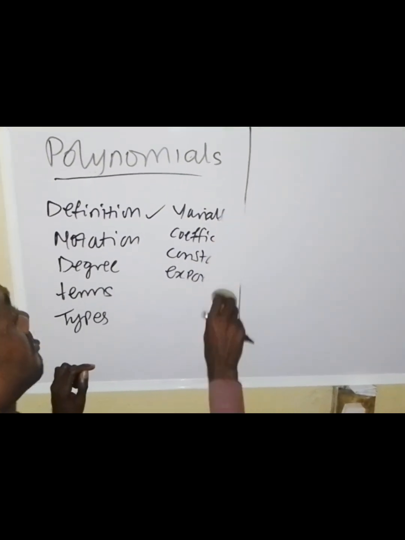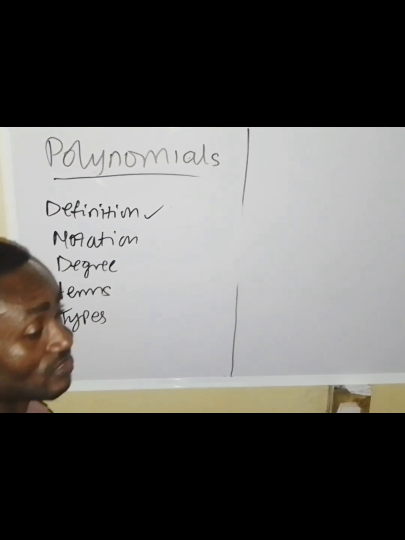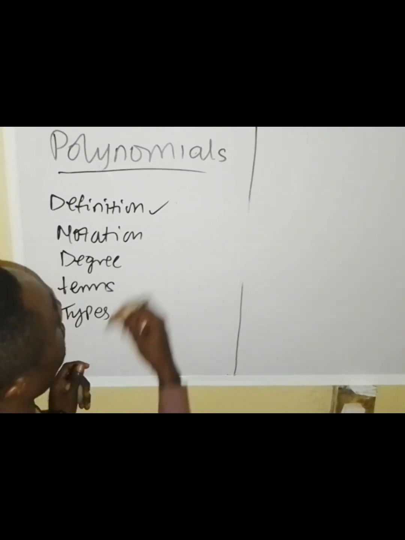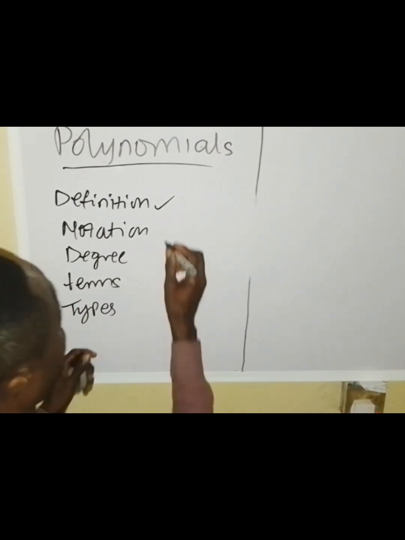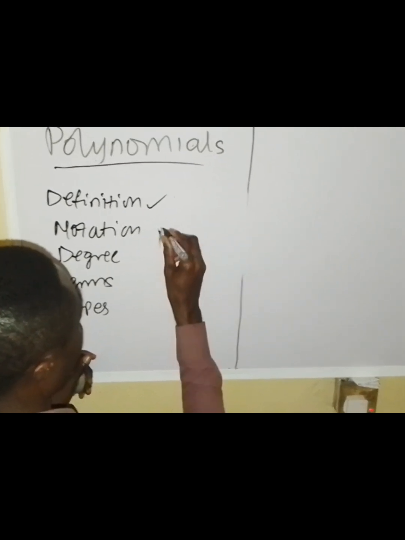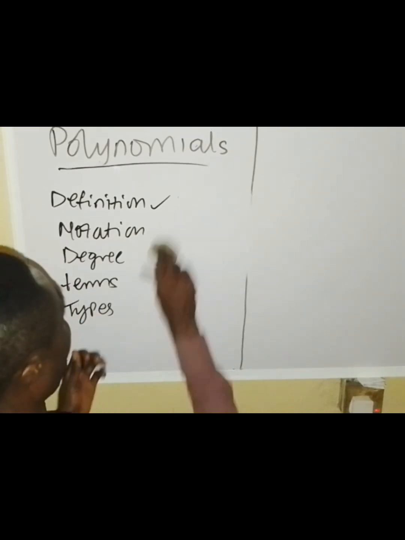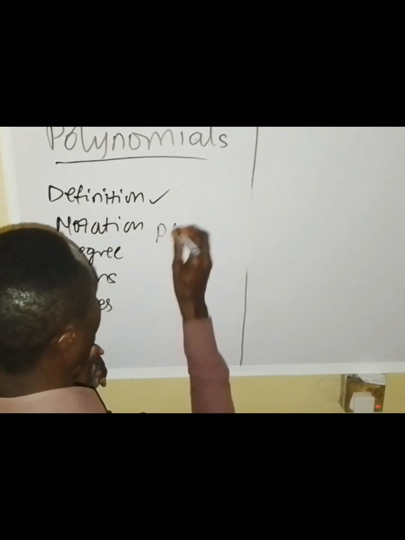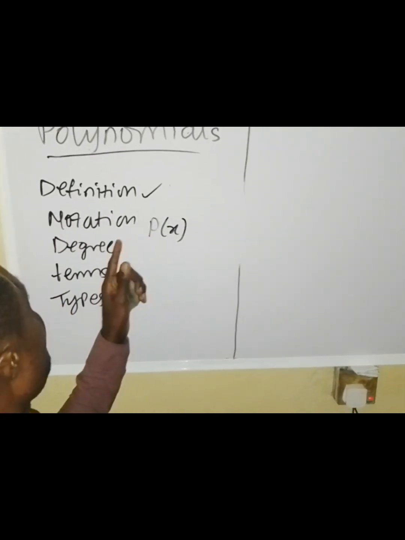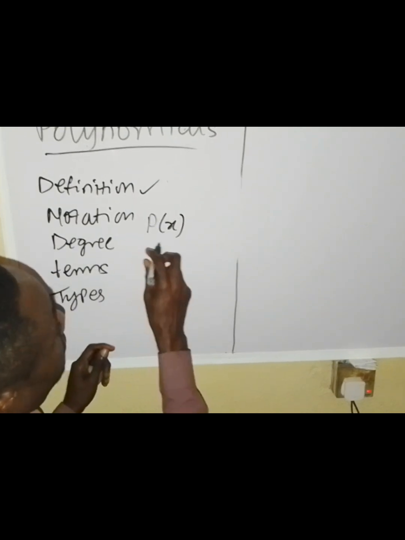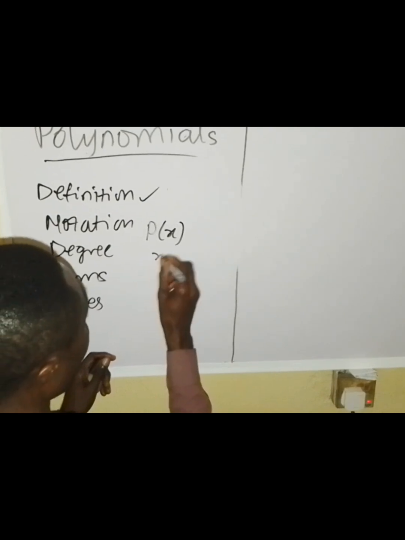Now, coming to notation, notation has to do with how a polynomial expression is given. For instance, when you talk about a polynomial function, it's usually denoted as p of x, where x equals what?